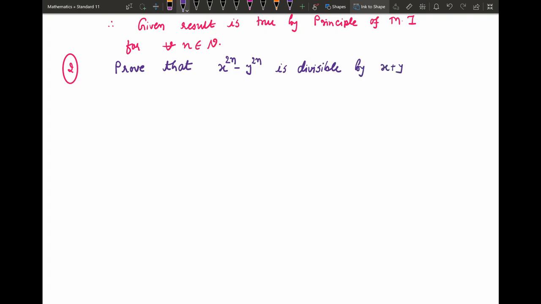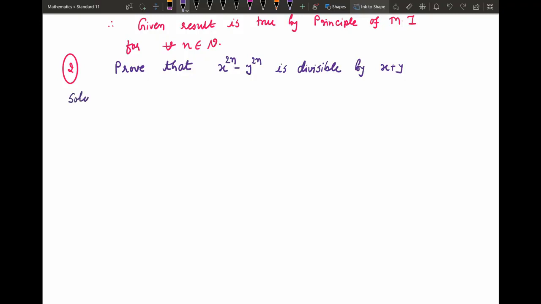So x raised to 2n minus y raised to 2n is divisible by x plus y. So we have to show that x plus y must be a factor. If x plus y is a factor, then that quantity will be divisible by x plus y.